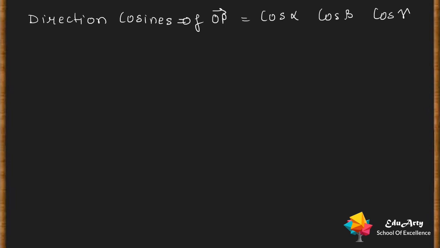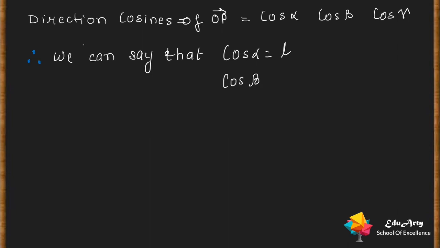Now we can give them one value each. Cos alpha is equal to l, a single value. Cos beta will get one value, which is m, and cos gamma is n, correct?